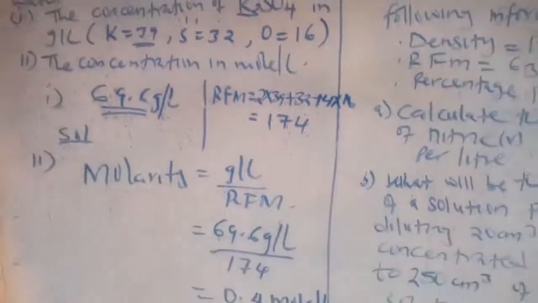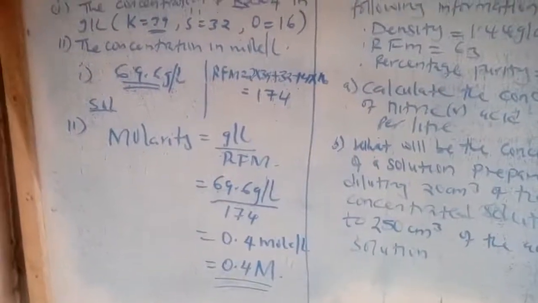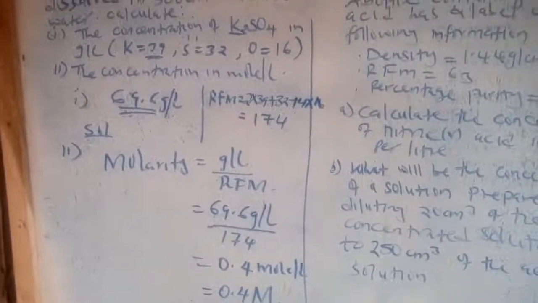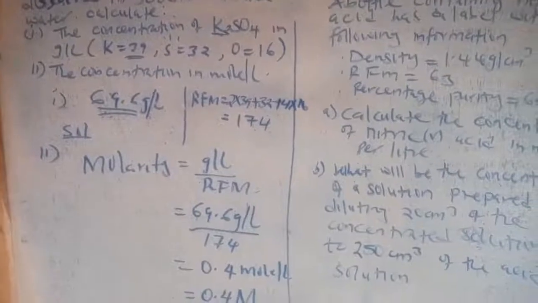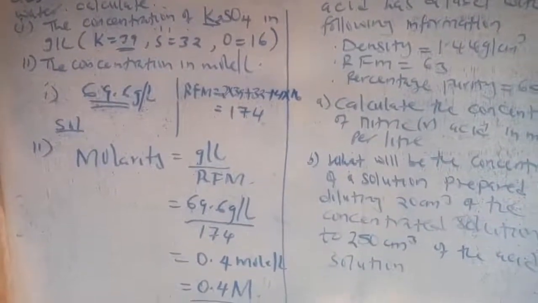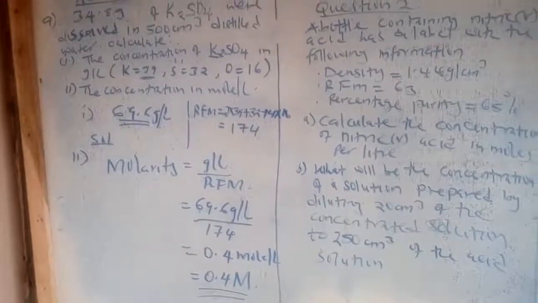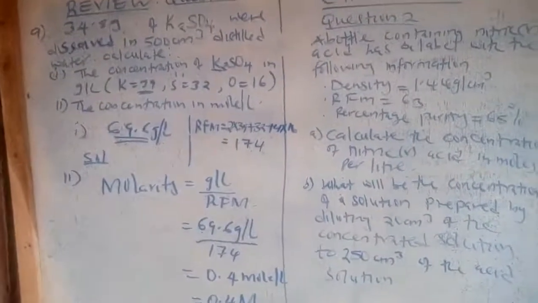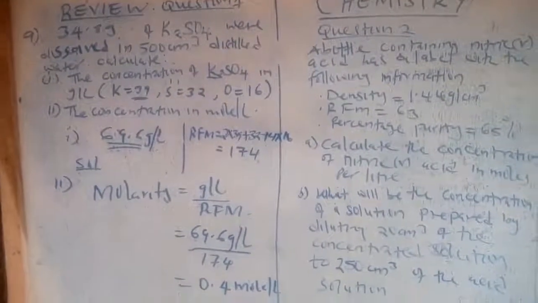Having calculated that, we equate molarity with the formula: molarity is equal to grams per liter divided by the RFM. Remember in part 1 of the question we calculated the concentration of potassium sulfate in grams per liter, and the answer was 69.6.